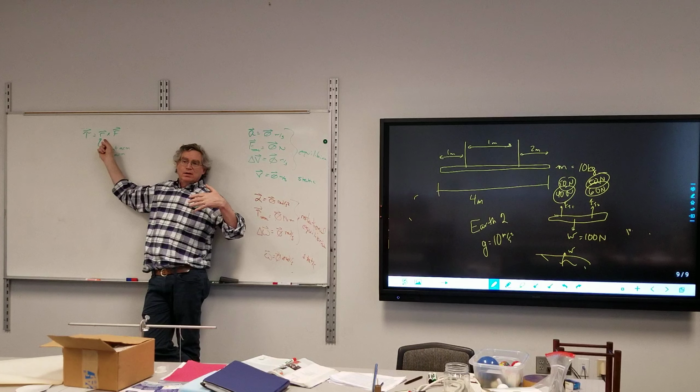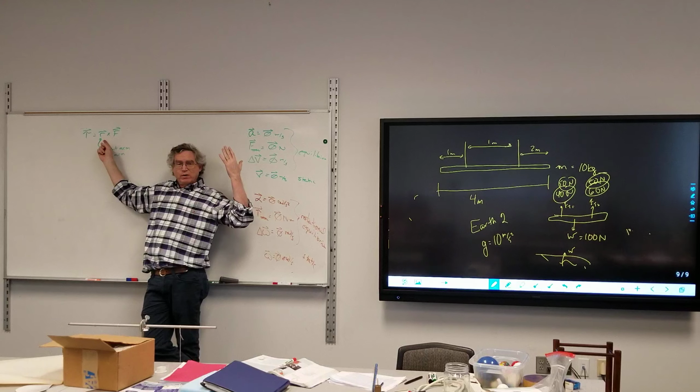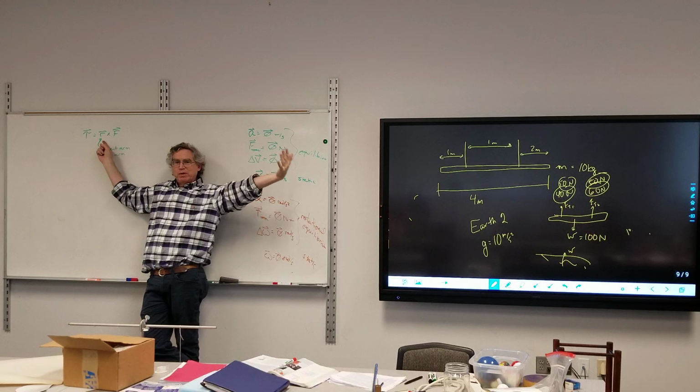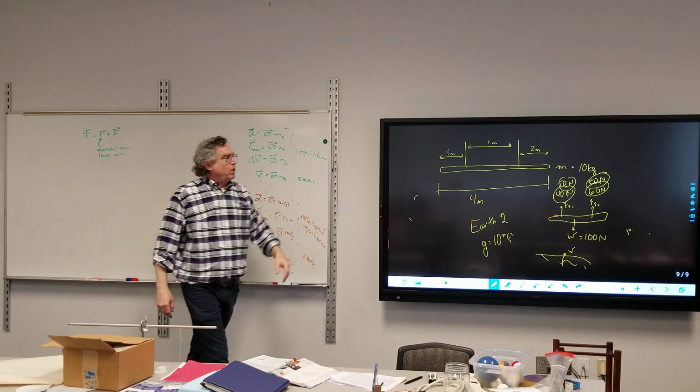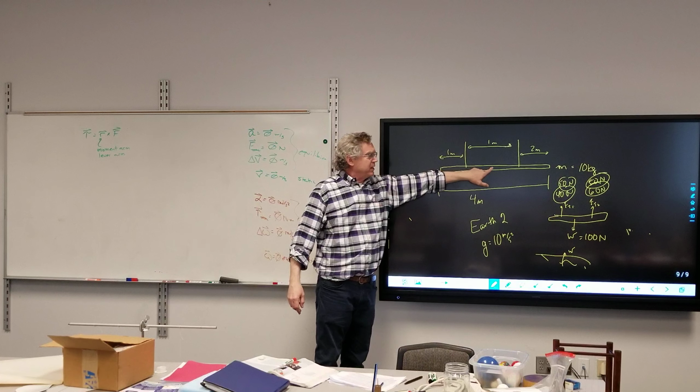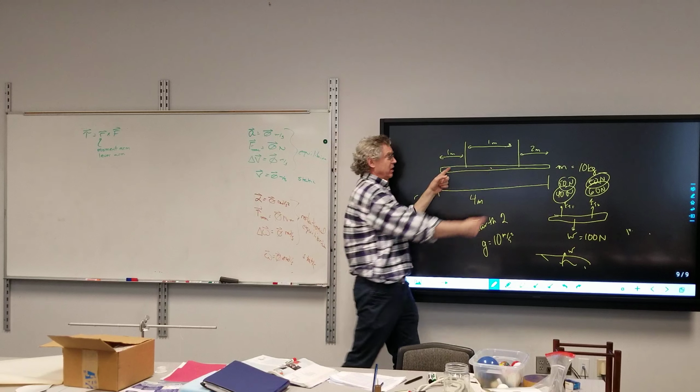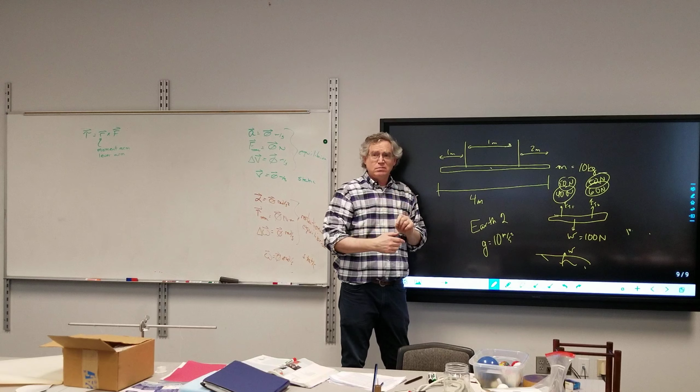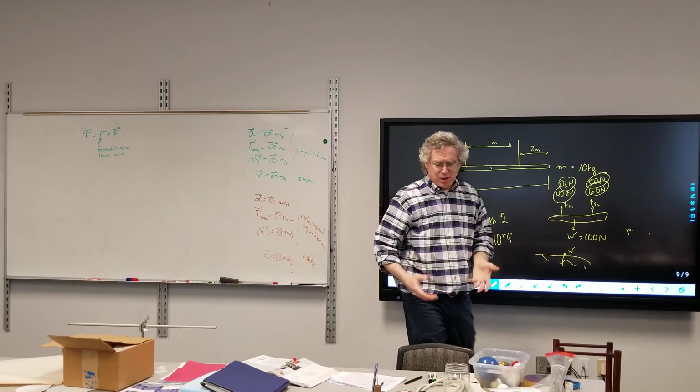If we pick where the left-hand string acts, FT1, it exerts no torque. If I pick the right, it exerts no torque. The reason why this is not necessarily the best spot, even though it eliminates a torque, is I still have two unknowns.